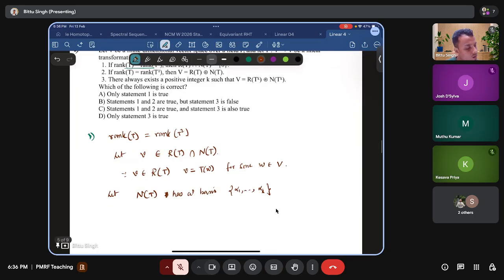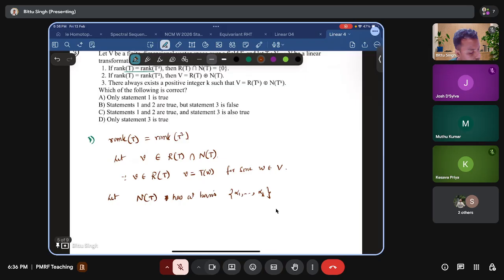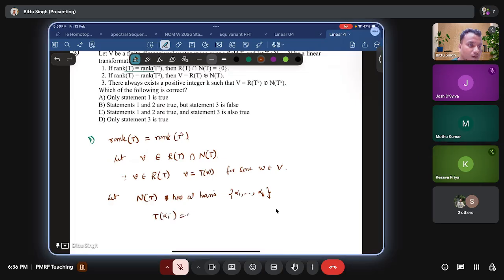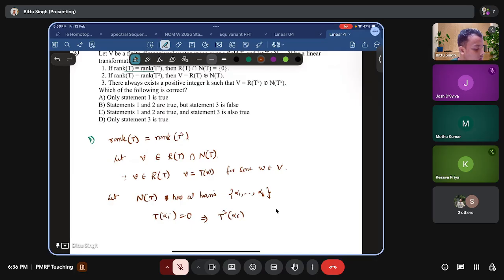Okay. Now what happens? You can see that T alpha i is 0. So that will also imply T square alpha i is 0. Okay. So it means alpha i also belongs to the null space of T square.